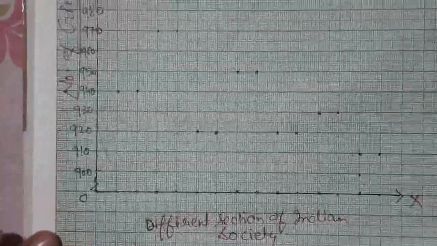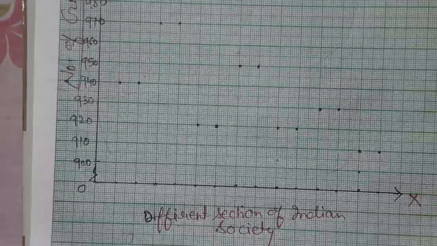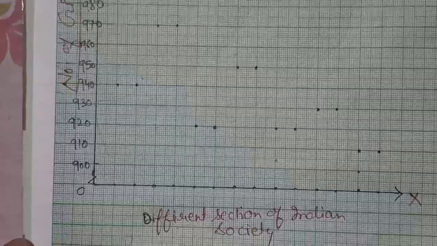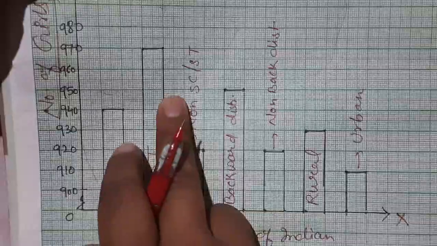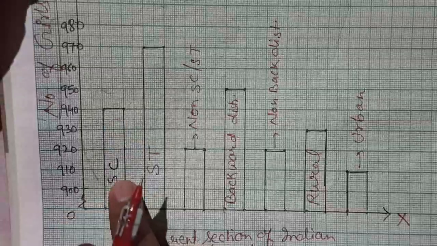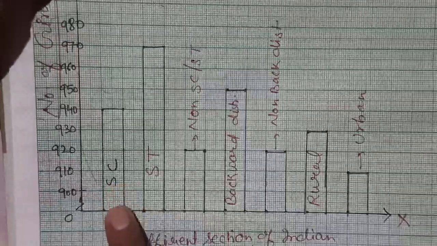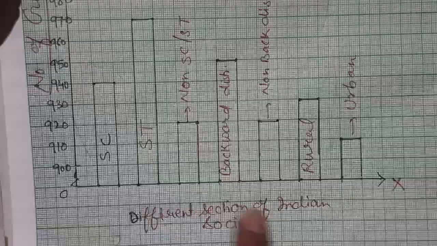Now we have to draw vertical bars for these, which means we basically join all the dots. Now I have joined all the dots which I have put, and I have converted them into vertical bars, and I am writing the social categories over here.